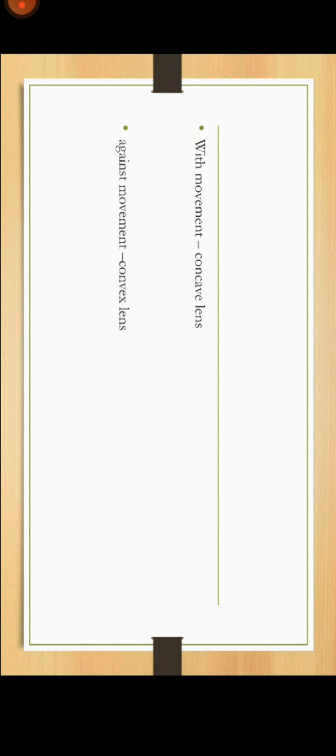When we see an object through a lens and we move that lens to one side, if it is a concave lens, the image will also move in the same direction as the movement of our lens. But if we are seeing through a convex lens, just move it to right and left.